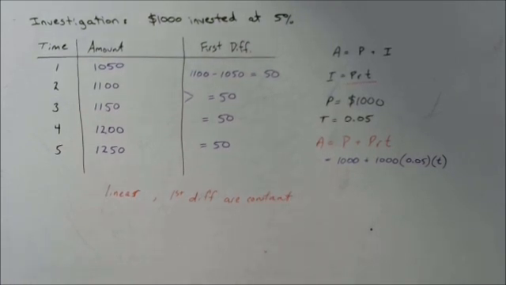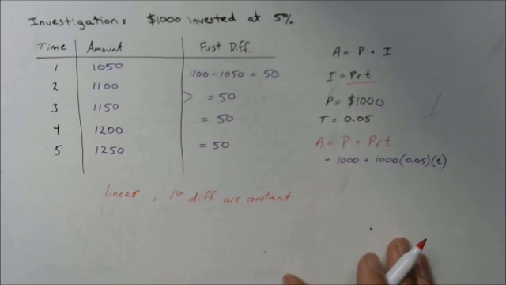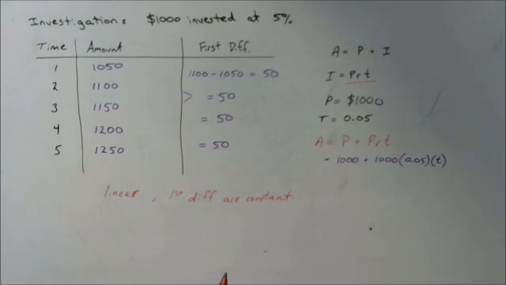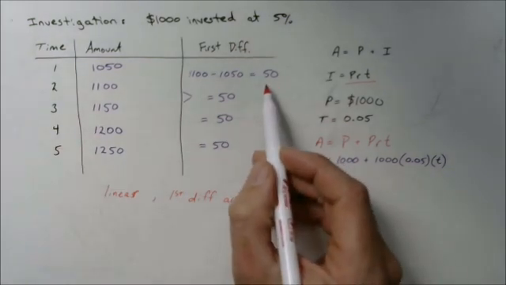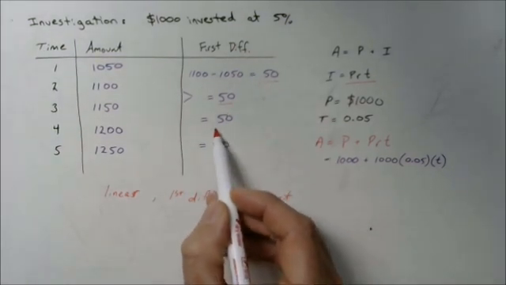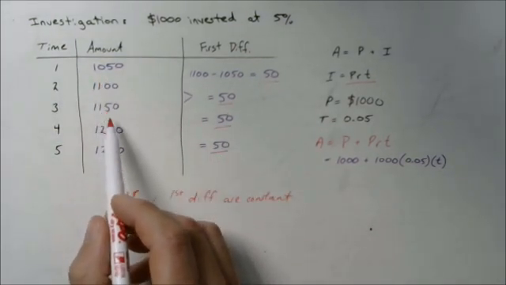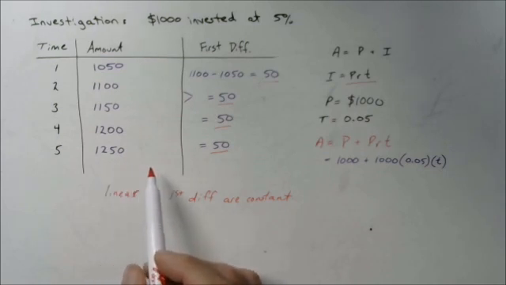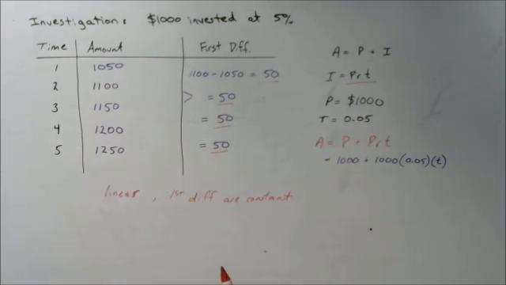Determine the slope of this relationship and the vertical intercept. All right, now we're thinking back to our linear functions. The slope of anything can also be called the rate of change. It's also determined by the first difference. Every year, the value of this investment goes up $50. So a rise of 50 over 1 year.